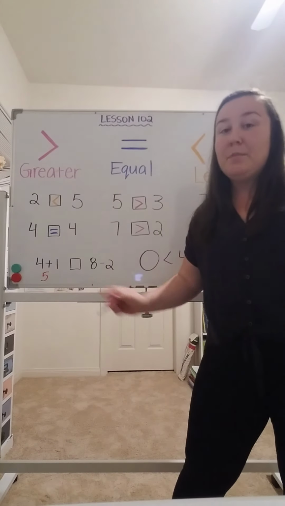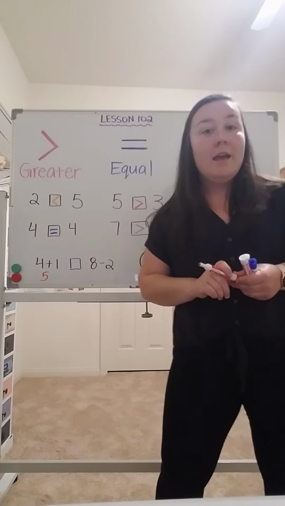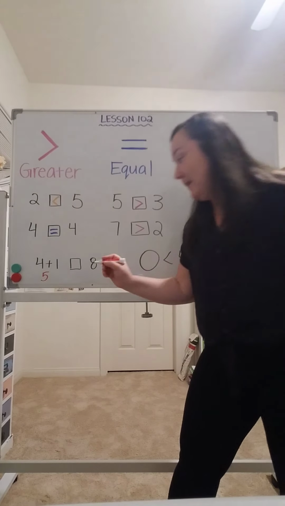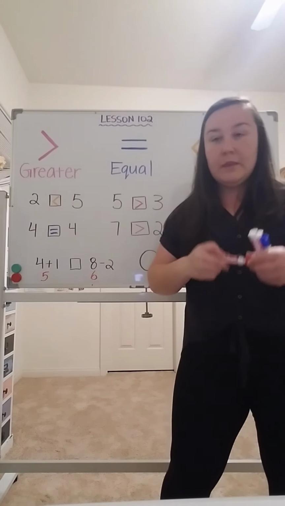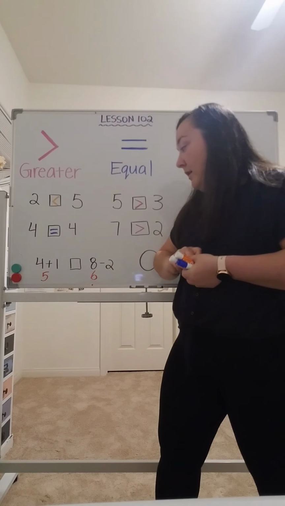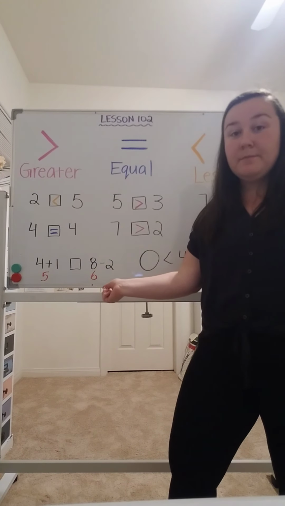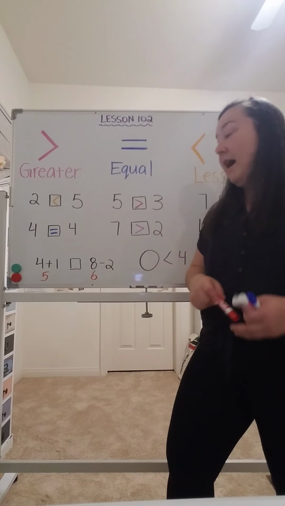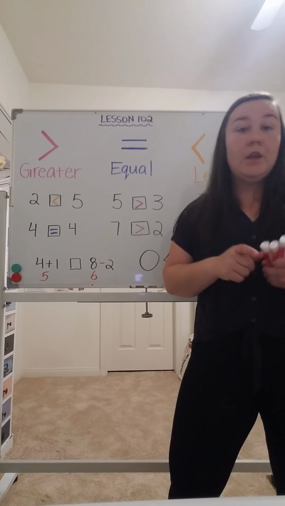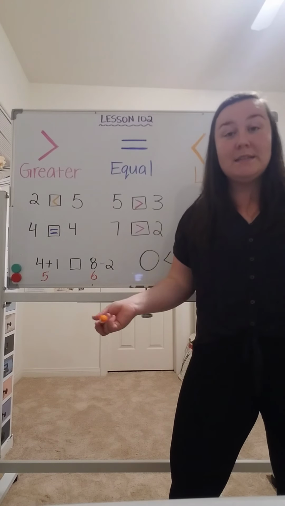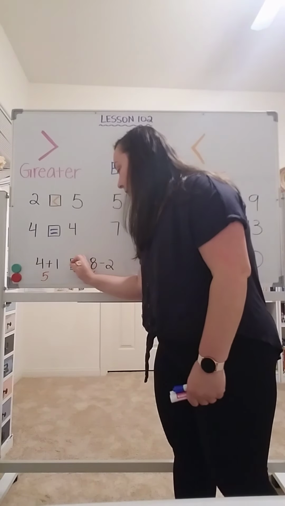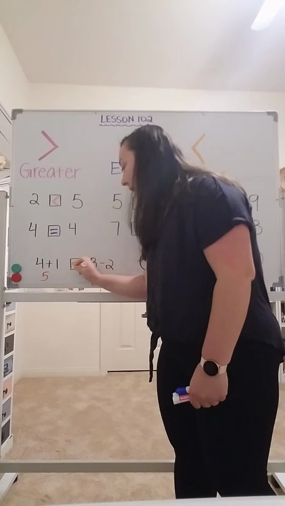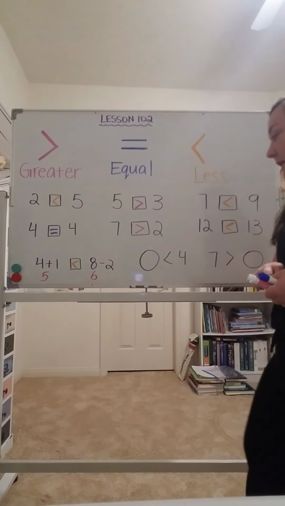What is 8 minus 2? 8 minus 2 is 6. So now we can do our problem. Is 5 greater than 6? No. Is 5 equal to 6? No. That means that 5 is less than 6. Like this. 5 is less than 6.